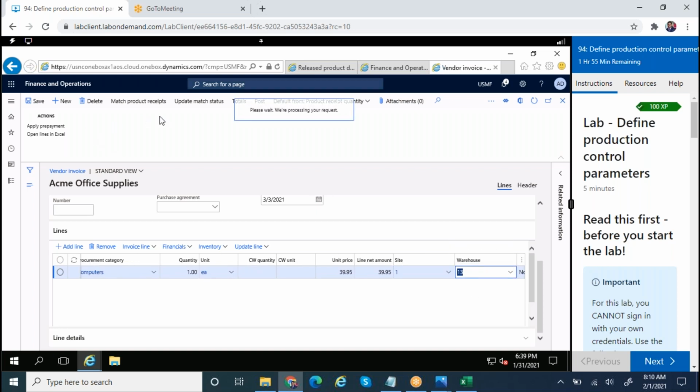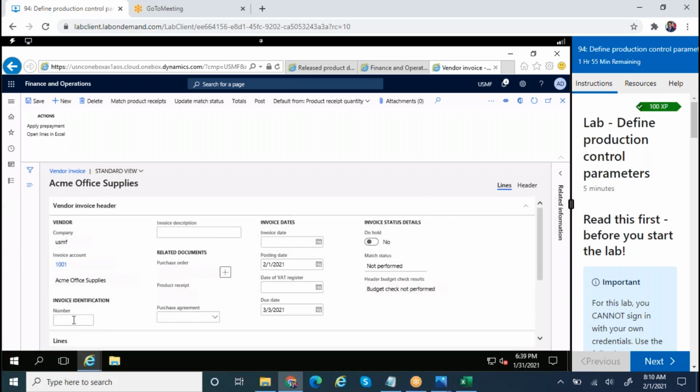I will discuss in detail tomorrow, but let me quickly post some transactions.